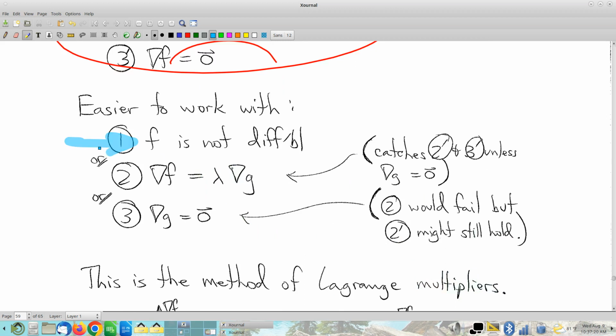I've got to check: is f always differentiable, or does it fail to be differentiable anywhere? Then I have to write down the Lagrange condition. And then I have to write down, by the way, this one here is called the degeneracy condition, for reasons that are much more advanced than this course allows discussion of. But you're going to hear me call this the degeneracy condition. Something bad can happen to the surface when this happens, basically. Okay, so we've got to check these three conditions.